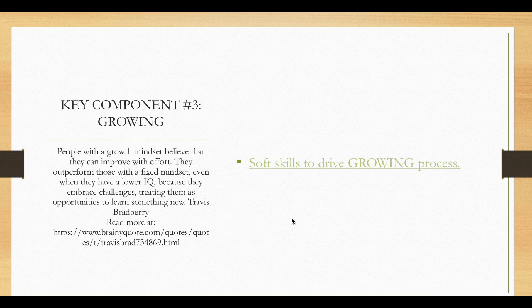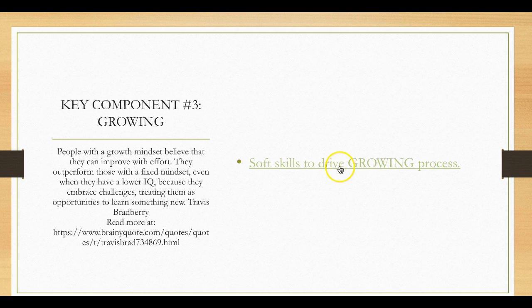And what we're going to do with this study is pick a small portion, and when I say small portion, 3 to 4 soft skills that we feel like we really need to improve on. And we are going to put together a growth plan based on those soft skills.